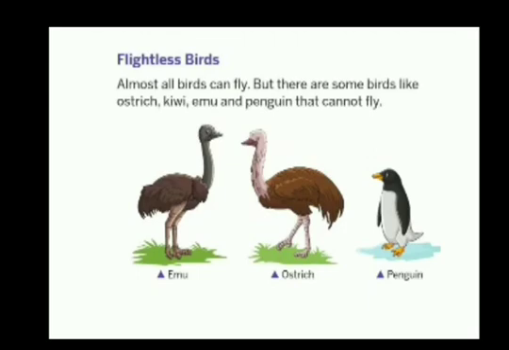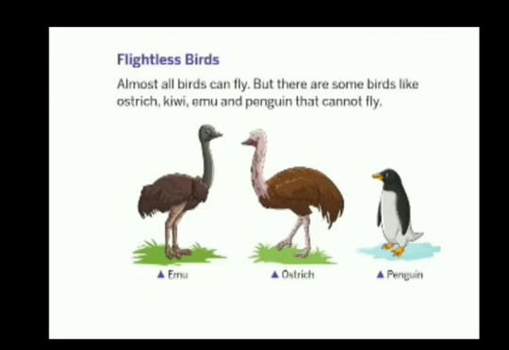Okay, they have a huge body, and even their wings are not so powerful, their chest muscles are not so powerful or strong, you can say. Okay, they are not so strong, and because of that they cannot fly.